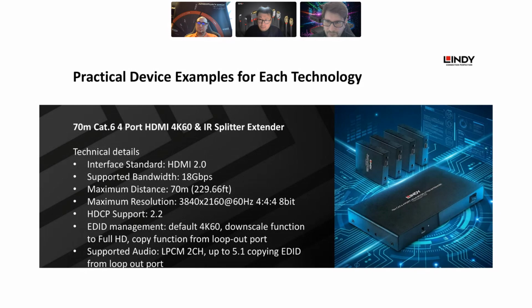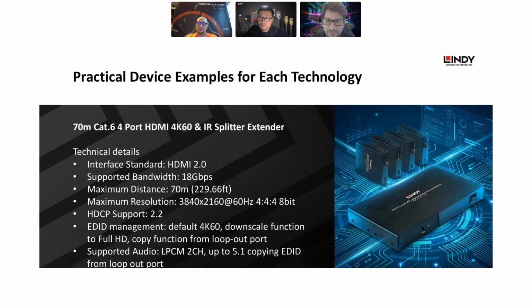The technical details for this device: interface standard HDMI 2.0, supported bandwidth 18 gigabits per second, maximum distance 70 meters, maximum resolution 4K 60 Hz, chroma subsampling 4:4:4 8-bit, HDCP support up to 2.2.